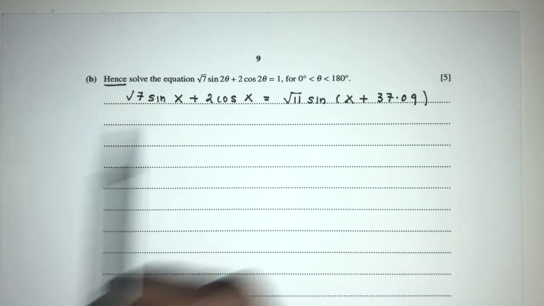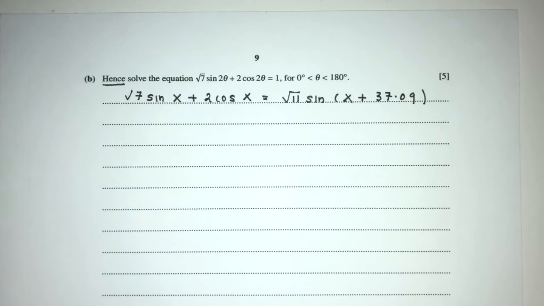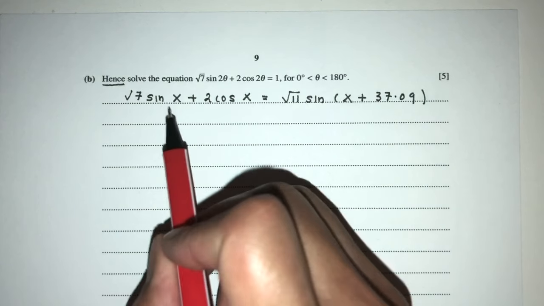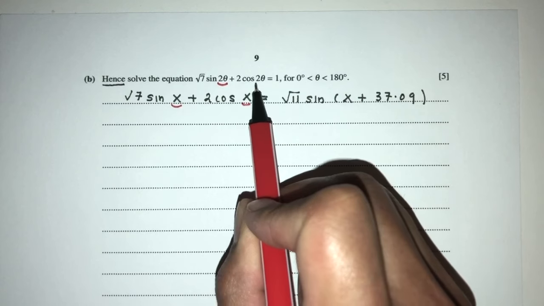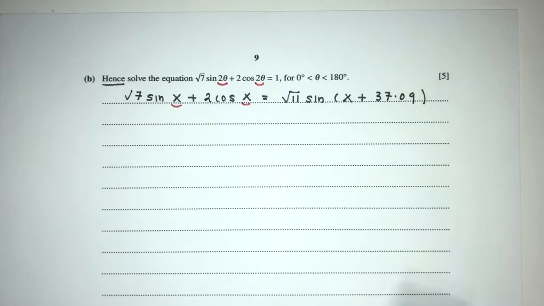That's what we have for the first part. Now by comparison, you can see that the only difference is the x here has become 2 theta. That's the only difference. Now we can just do the same thing, replace.